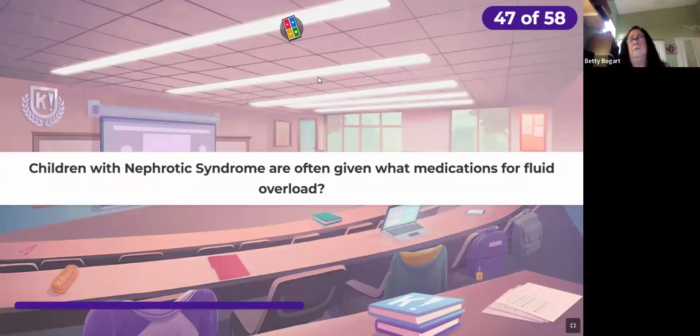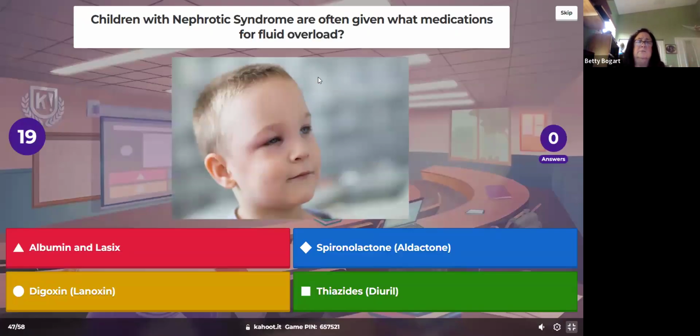Children with nephrotic syndrome are often given what medications for fluid overload? So we've got all this peripheral edema, all this generalized swelling everywhere, right? And it's because the intravascular doesn't have enough albumin in it, enough protein. So it spews everything interstitially.